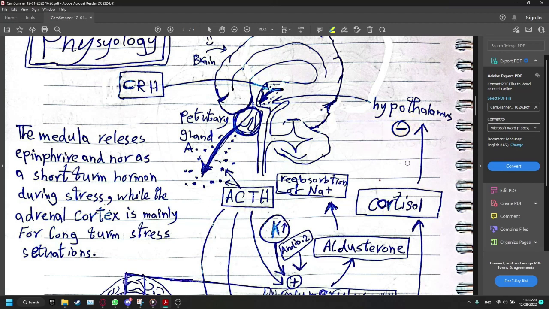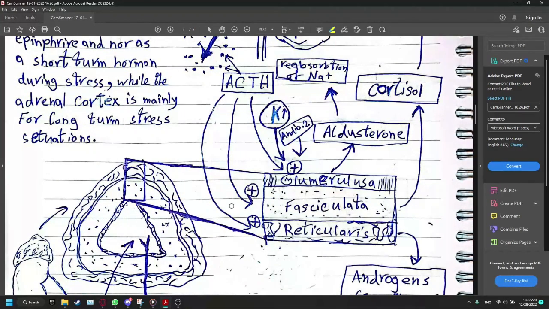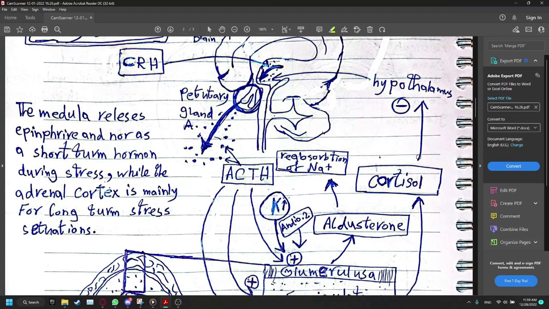This negative feedback is important because it tells the hypothalamus, "Hey, stop producing CRH." And the hypothalamus goes, "Oh, okay, I'm gonna stop then." So the CRH suddenly drops. When you have low CRH, you have low ACTH, and when you have low ACTH, the zona fasciculata doesn't produce as much cortisol.